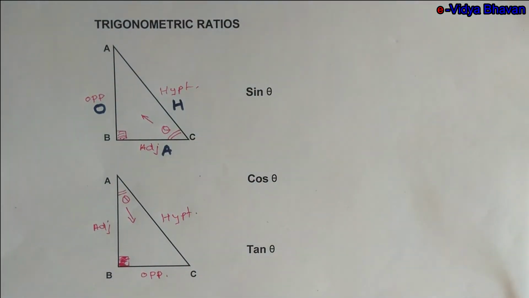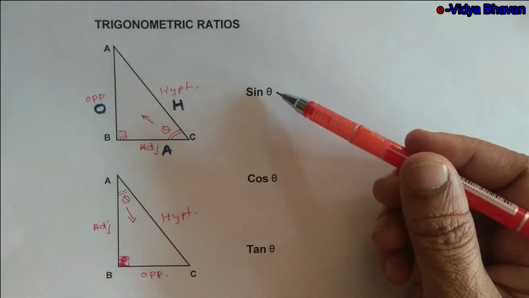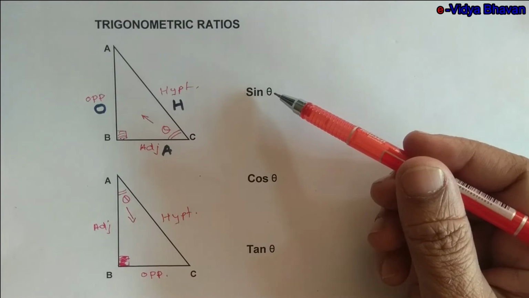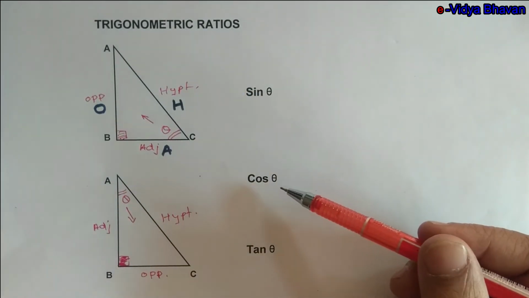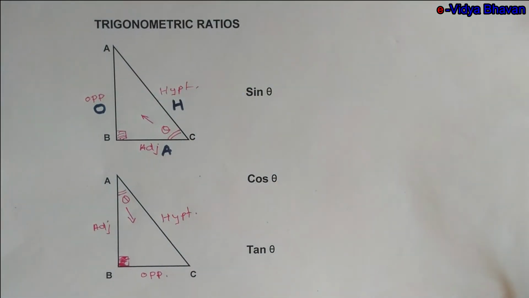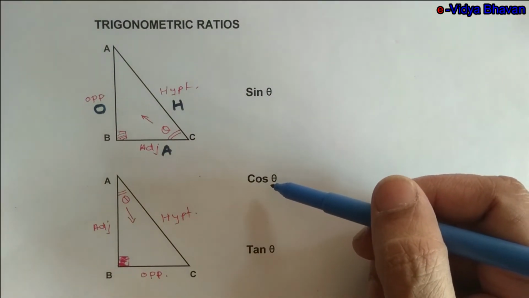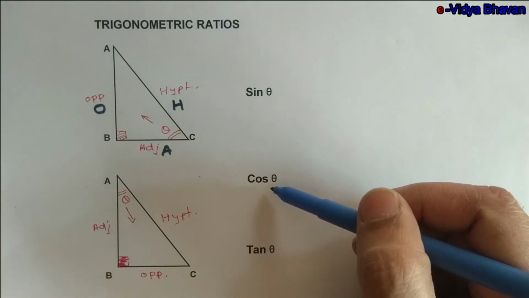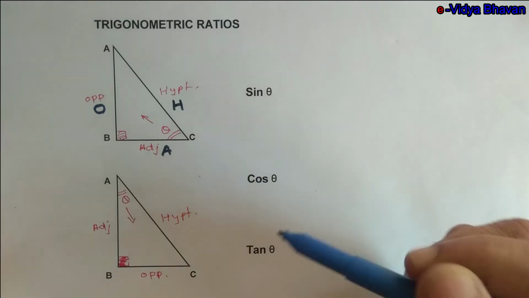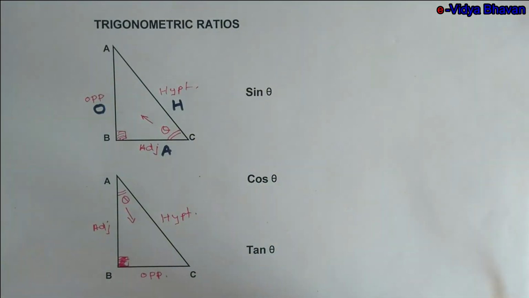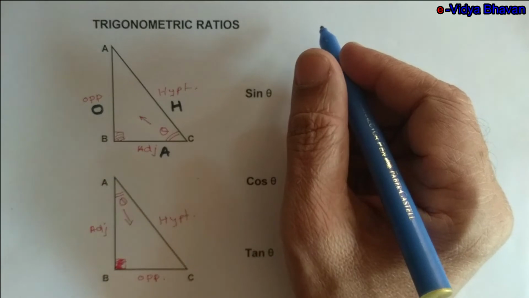Now we have 6 trigonometric ratios. First we will consider 3 trigonometric ratios: sin theta, cos theta and tan theta. These are the main trigonometric ratios. Before putting the formulas, I will give you a trick.